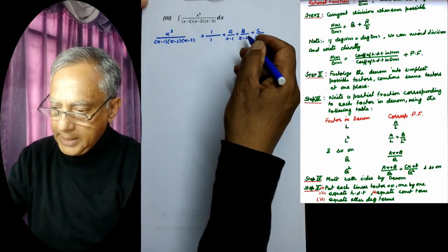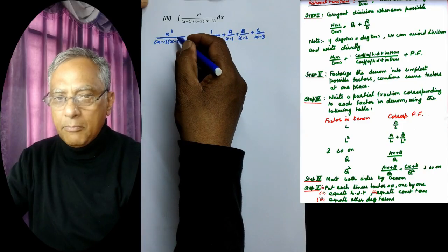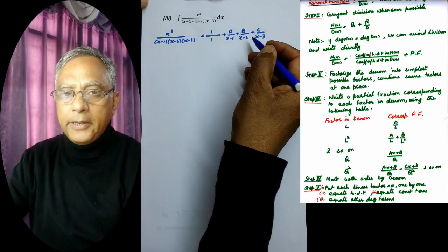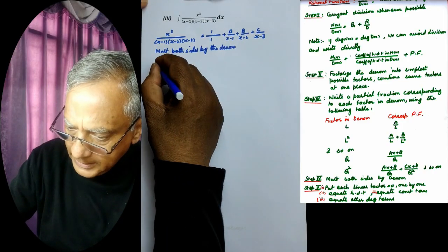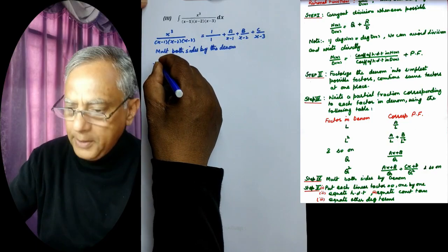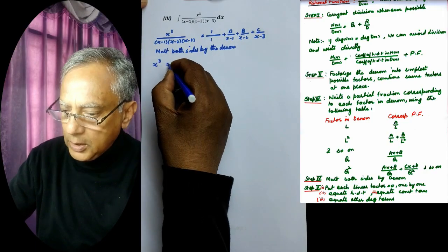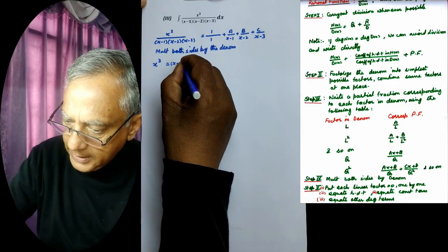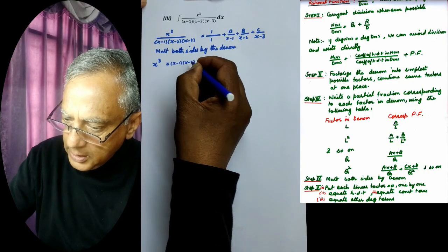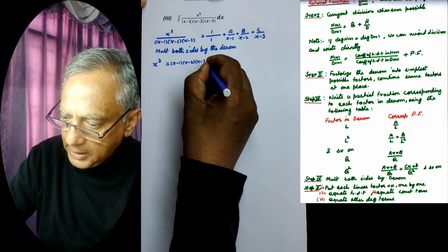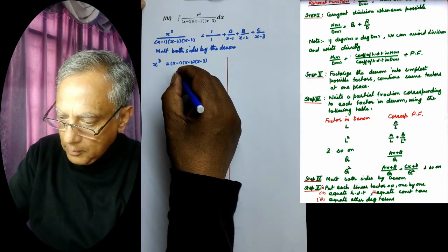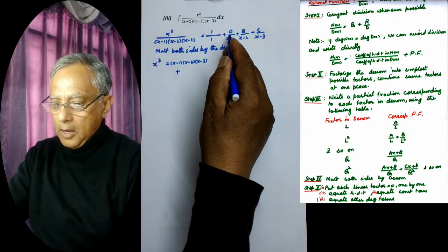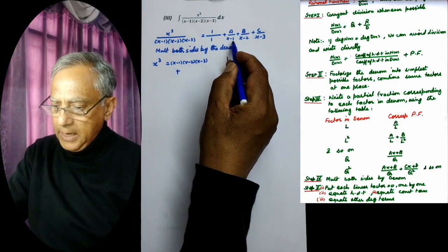And next step is we will multiply both sides by the denominator. What we will get is x cube is equal to, now multiply by this, so this will be (x minus 1)(x minus 2)(x minus 3) plus, now multiply this by the denominator.